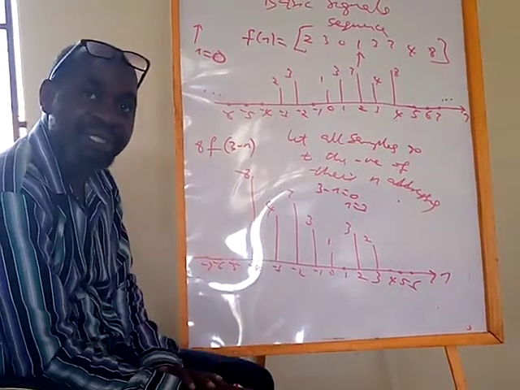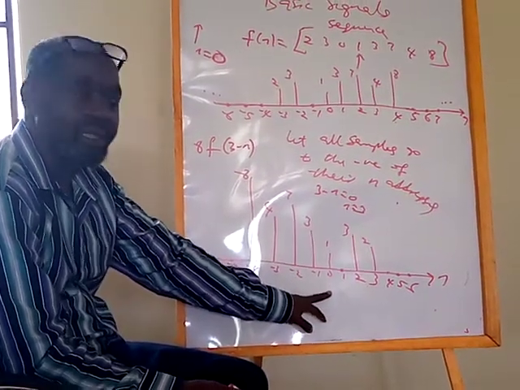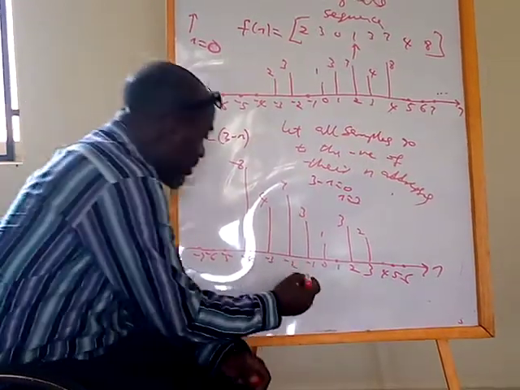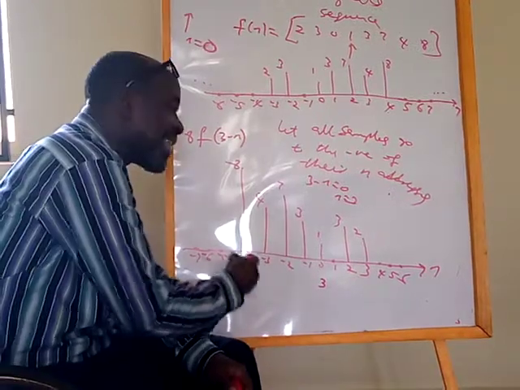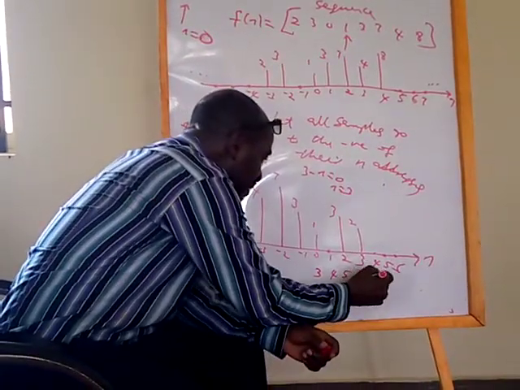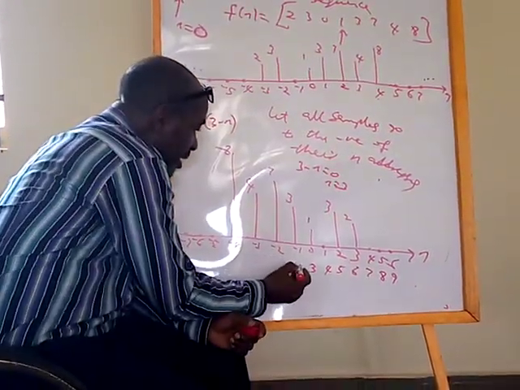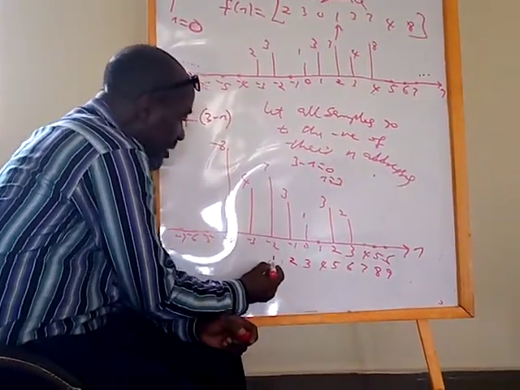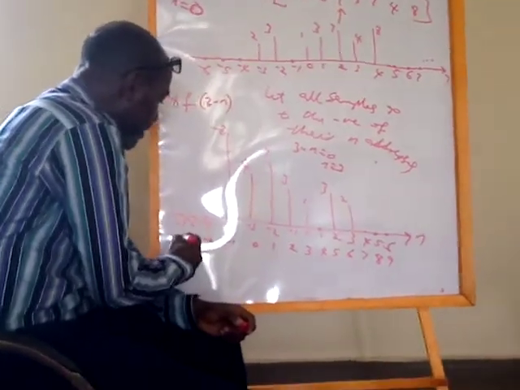In another way, whatever is at 0 is shifting to 3. So this will become 3. It's like just adding 3 to all. This will be 4, 5, 6, 7, 8, 9. And this will be 2, 1, 0, minus 1, minus 2, minus 3, minus 4.